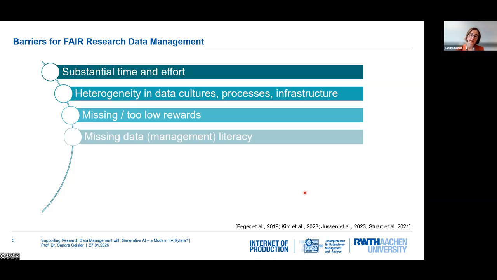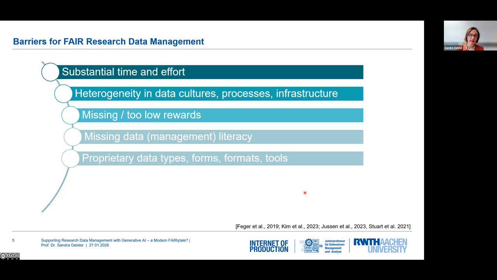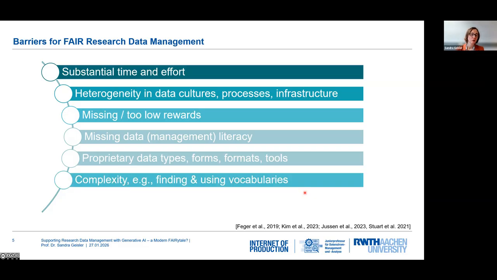Then also data literacy is a problem which we faced, so that best practices in data management are not known, and that we also have a lot of proprietary data types, formats, and tools, and also the complexity which comes with proper research data management.